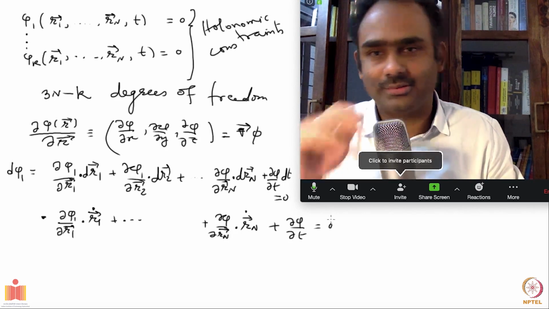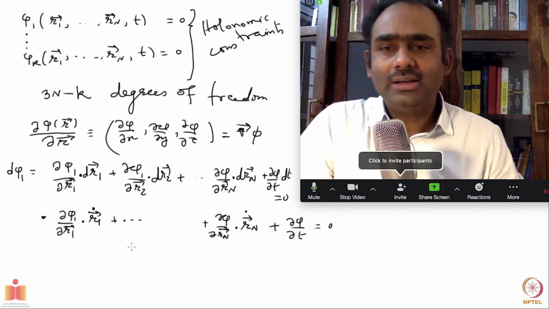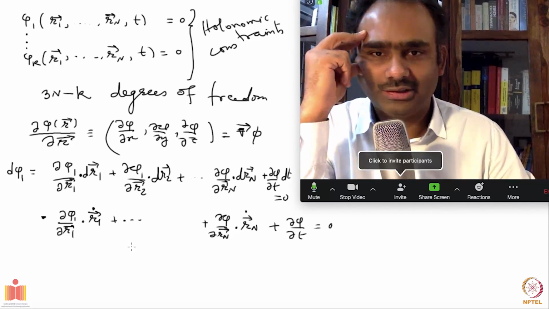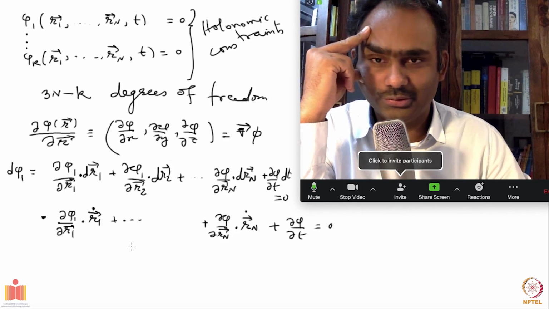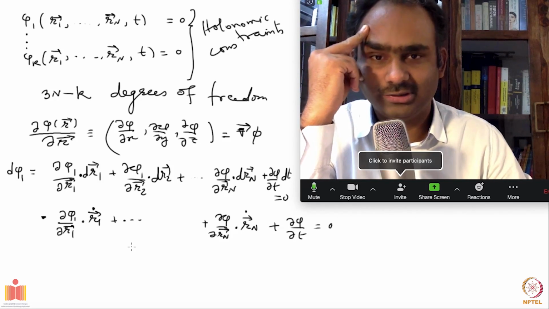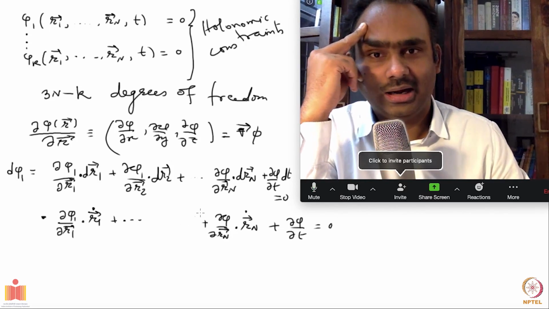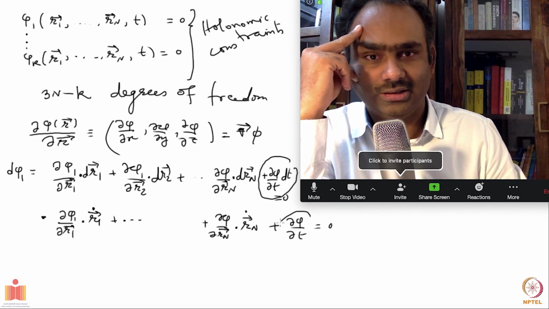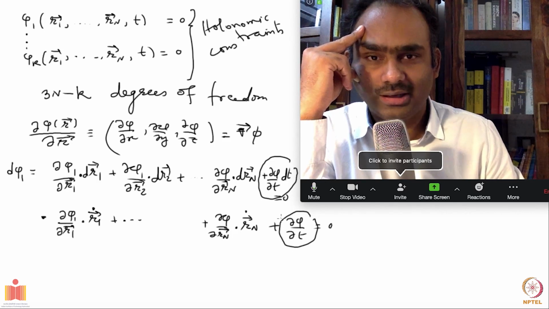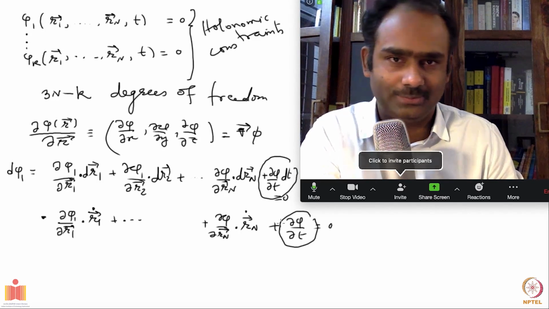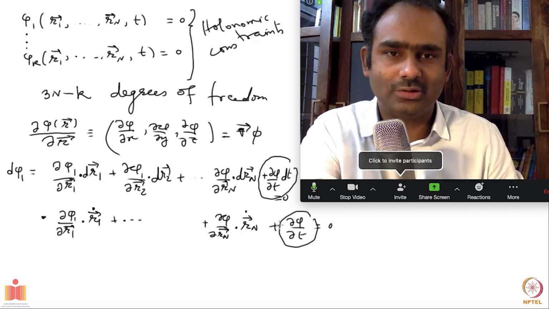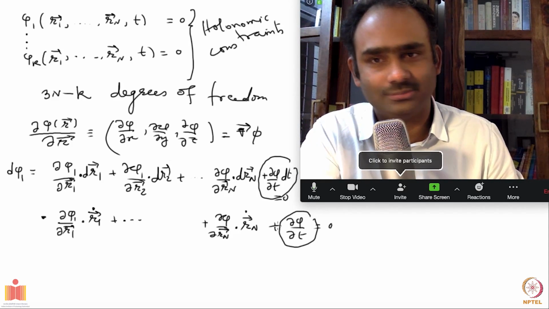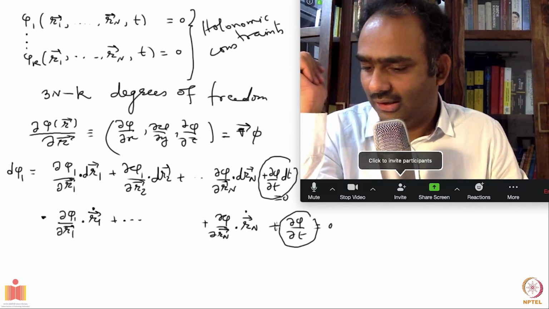This is equal to 0. Okay, so that's fine. But if I want to turn these into virtual displacements and virtual velocities, I will just drop this term. You remember, this is what we talked last time. So these two you drop, and your relation will become the constraint which virtual velocities and virtual displacements should satisfy. Okay, that's one thing.